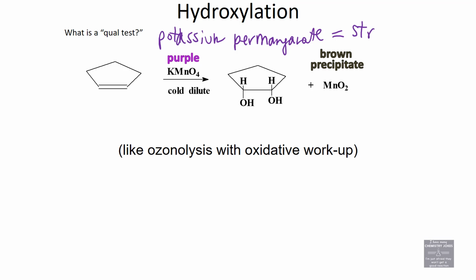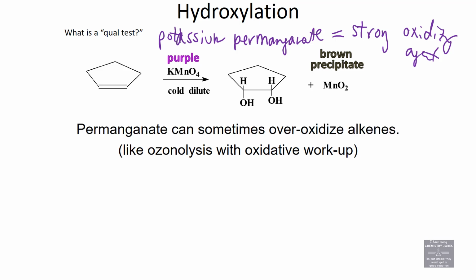Potassium permanganate is a strong oxidizing agent. That means it's good at helping to oxidize other things. It's so good at oxidizing, sometimes it actually over-oxidizes alkenes. We'll talk about over-oxidizing a few slides from now, but potassium permanganate is a good oxidizing agent.